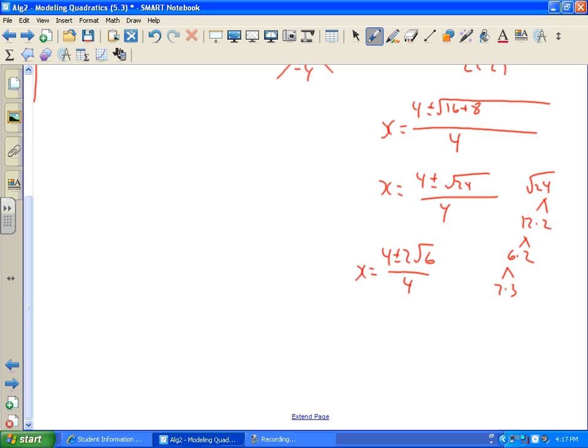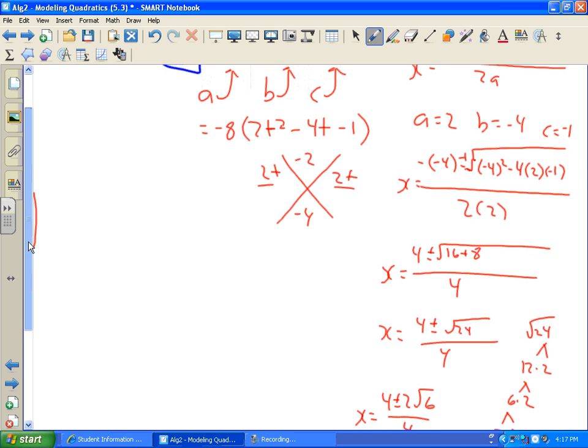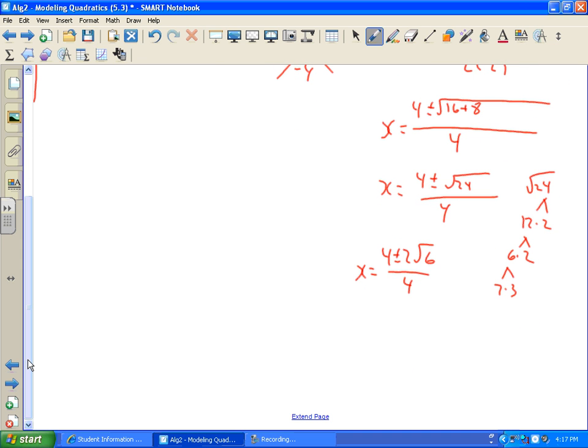And we will go ahead and take care of this. Did I do anything wrong here? I'm making sure that I got it. Negative 16, positive 32, positive 8, we're good. 16 plus 8, 24, good. All right. Reduce this, take out a factor of 2.